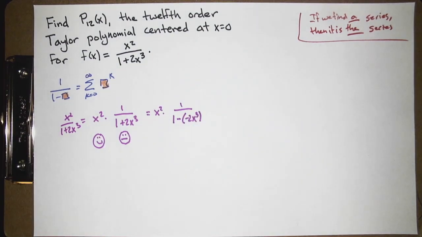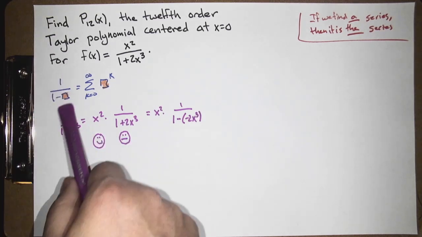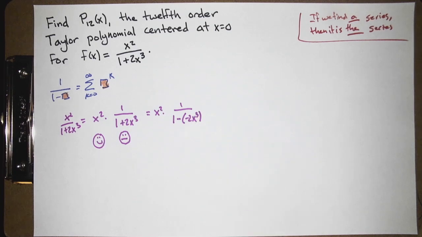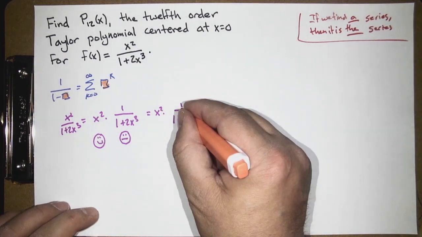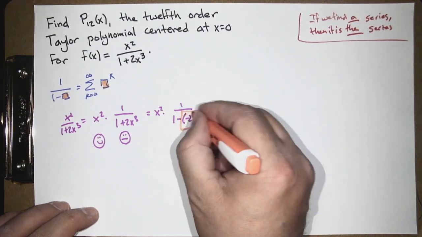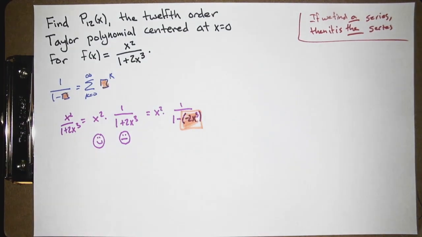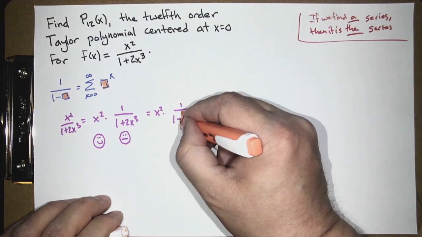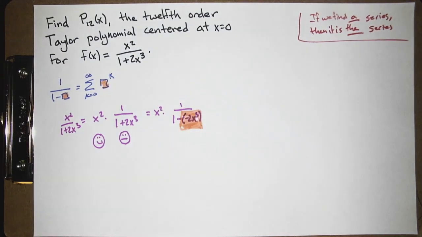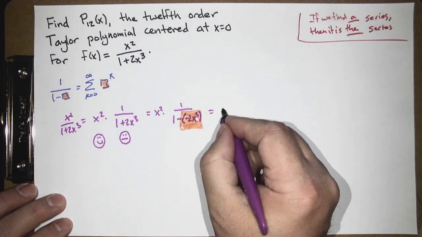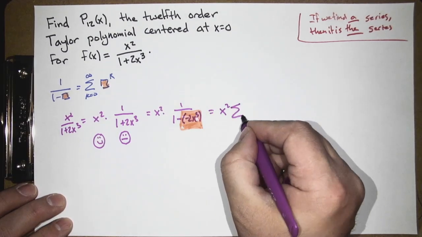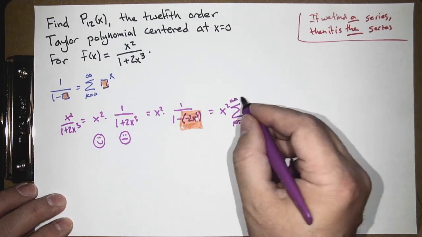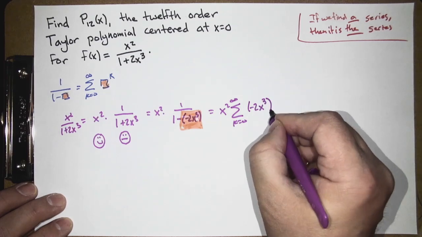Okay, so now we're in the right form. We have 1 over 1 minus something. So we're able to say, hey, we have our box. It's this, negative 2x cubed. That's what's in our box. So we say, okay, we'll write down our series then. So we have that this is x squared times the sum, k from 0 to infinity, of (negative 2x cubed) to the k power.